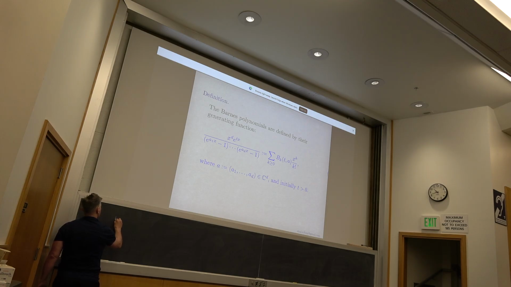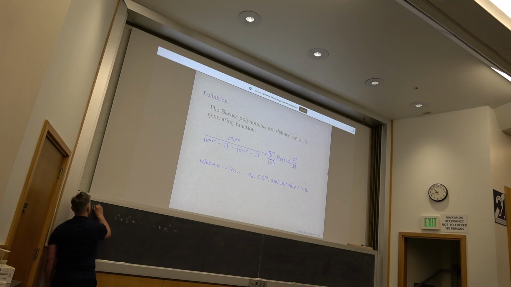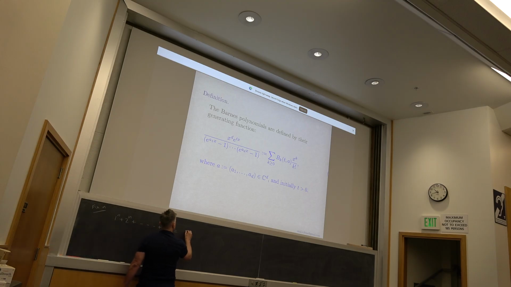So if you fix an integer n, and you want to sum this, Bernoulli showed that you get a certain polynomial, and I think it's k plus 1 minus the constant term. This constant term is called the Bernoulli number.